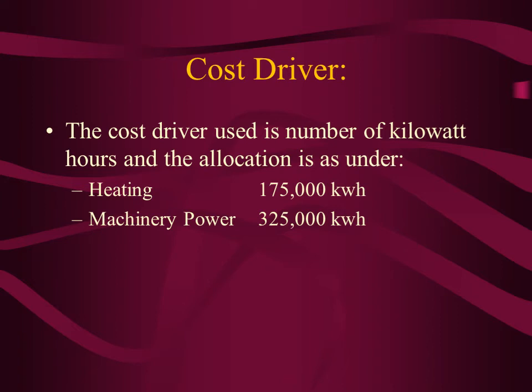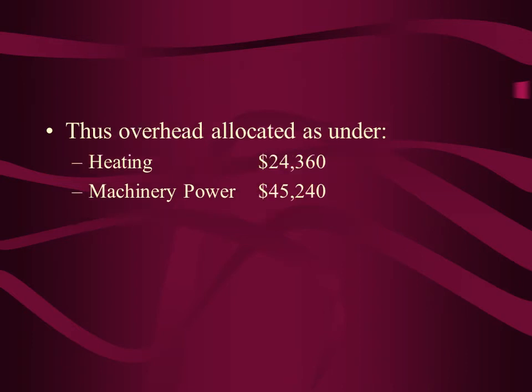So now the cost driver used is kilowatt hours, and the allocation is 175,000 kilowatt hours to heating and 325,000 kilowatt hours to machinery power. So the overhead allocation to the cost pools is: heating is getting $24,360 and machinery power getting $45,240.